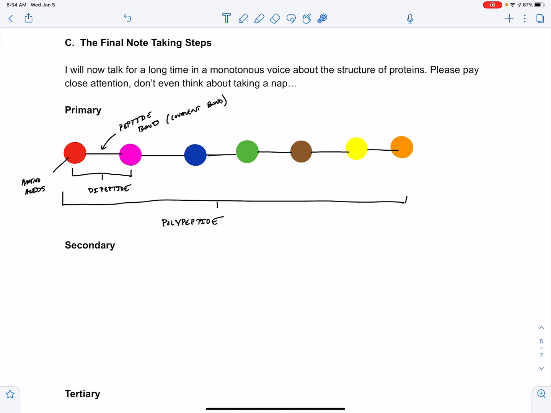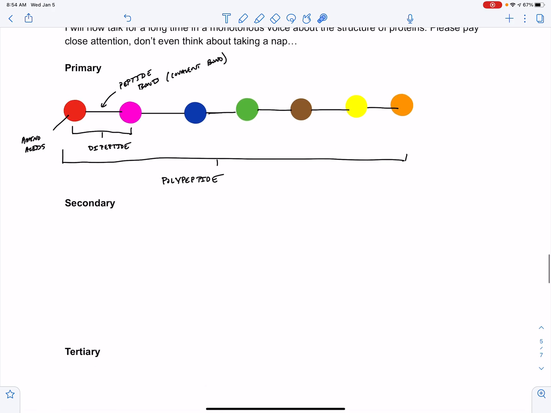But in order to transform this from a polypeptide into a protein, we need to start to fold it. And the folding takes place starting in the secondary structure.